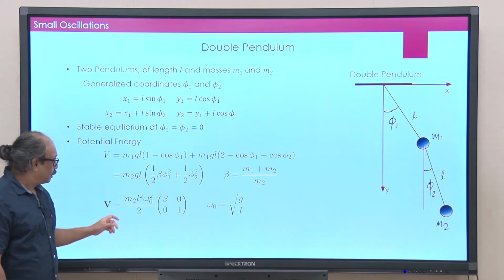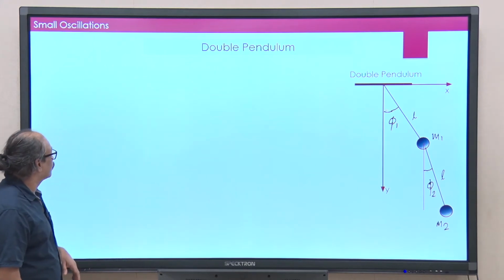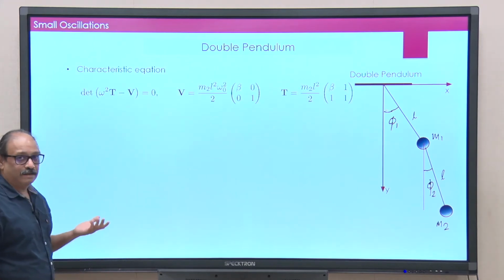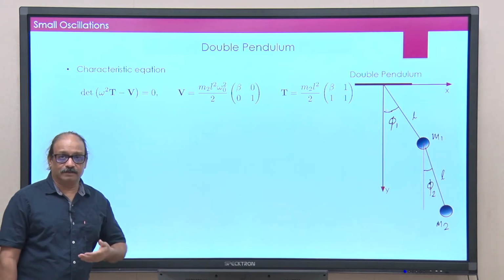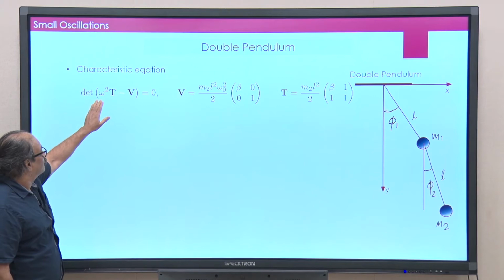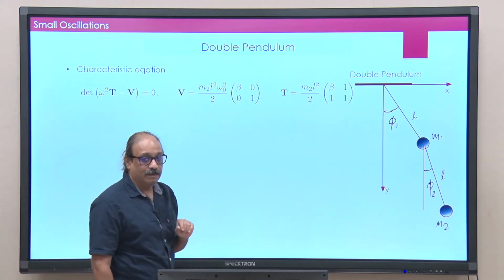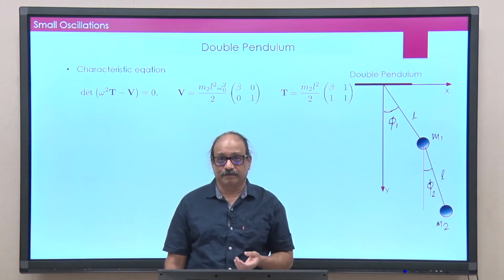Okay. All right. So, the problem that we want to solve is the characteristic equation to get the eigen frequencies of this. Eigen frequencies will be determined by solving this equation omega square T minus V for the values of omega. Okay.